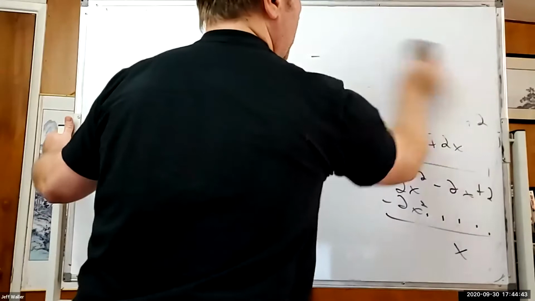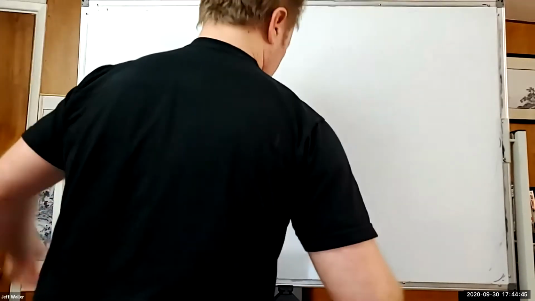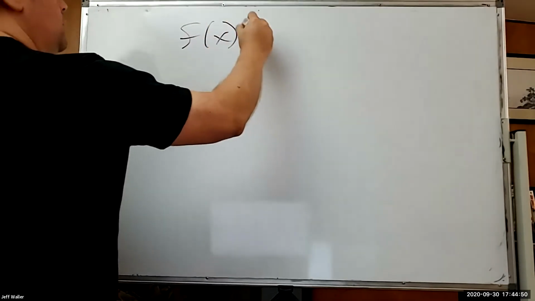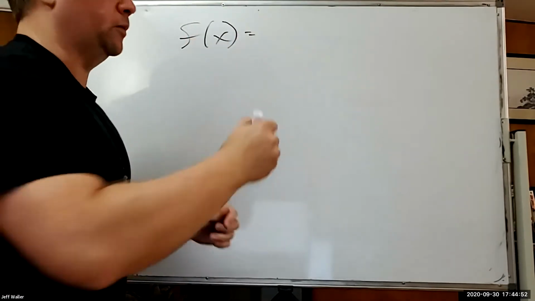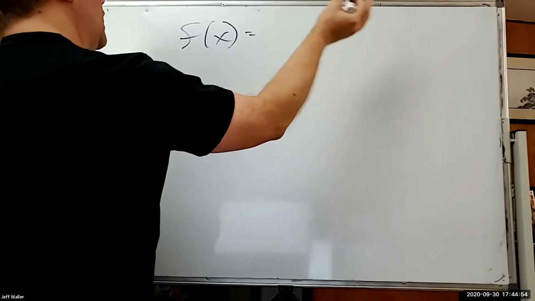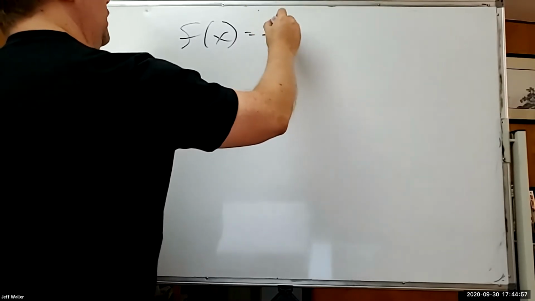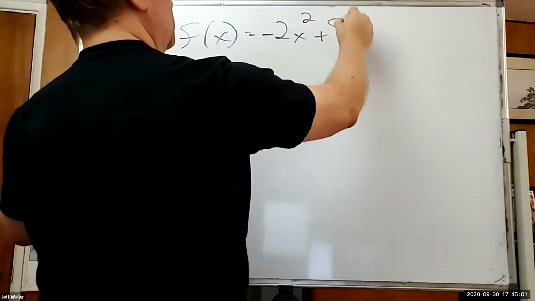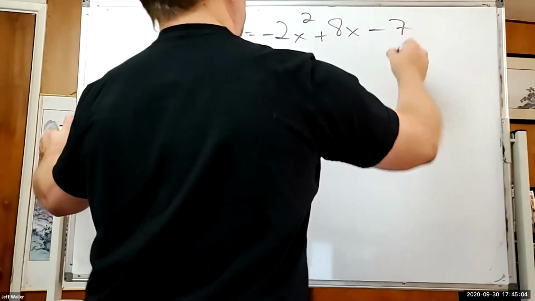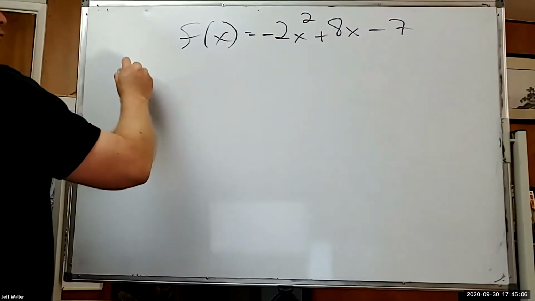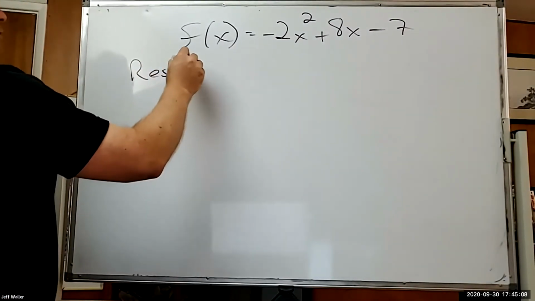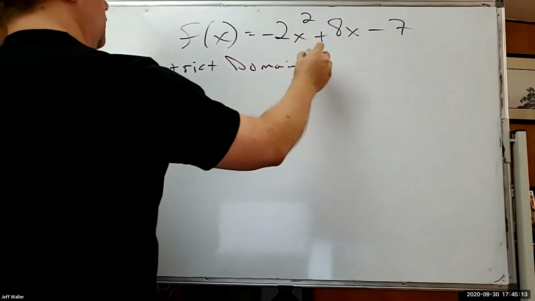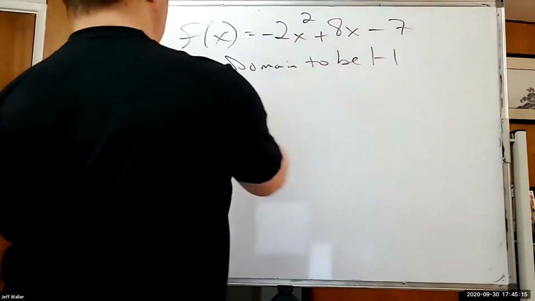Somebody's asking a question about, given a quadratic, how would I find a restricted domain where it's invertible? So, let's see, what about this here? Sure. All right, so I want to restrict the domain so it's invertible, to be 1-to-1.